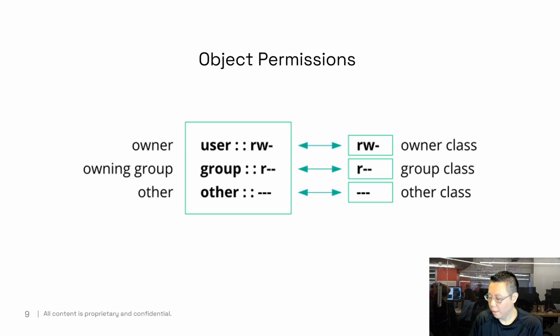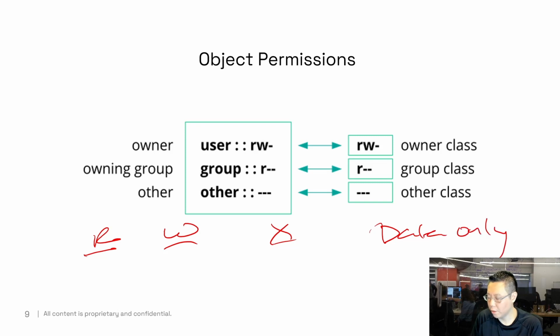Well, we have what's called read, write, and execute. In a file that is data only, so basically no execution required, do I really need execution rights? No, not really, so that should be blank. Am I the owner, and do I expect to make additional changes after I first create it?